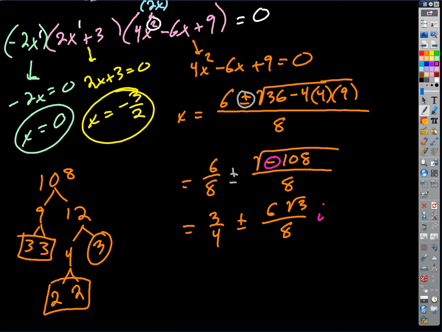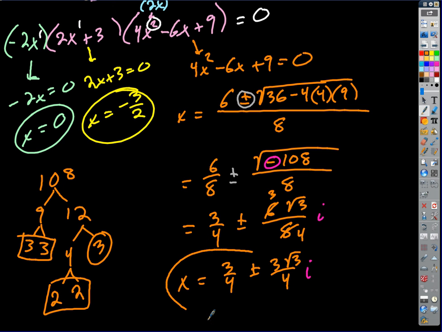So finally, we get down to our answers. x equals 3/4 plus or minus 3/4 times the square root of 3 times i, right? So there's my other 2 zeros. I get one for the plus and one for the minus, right?